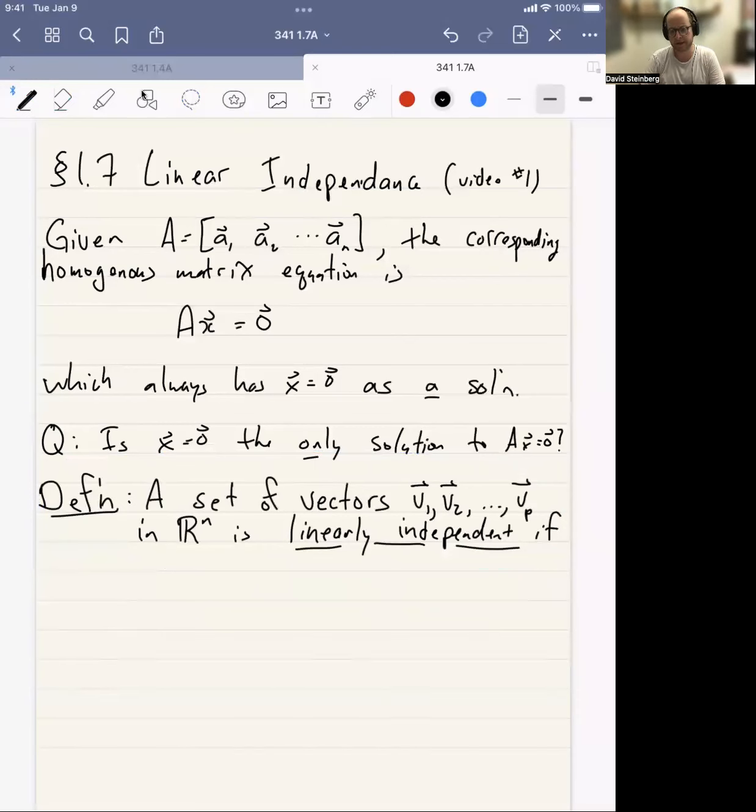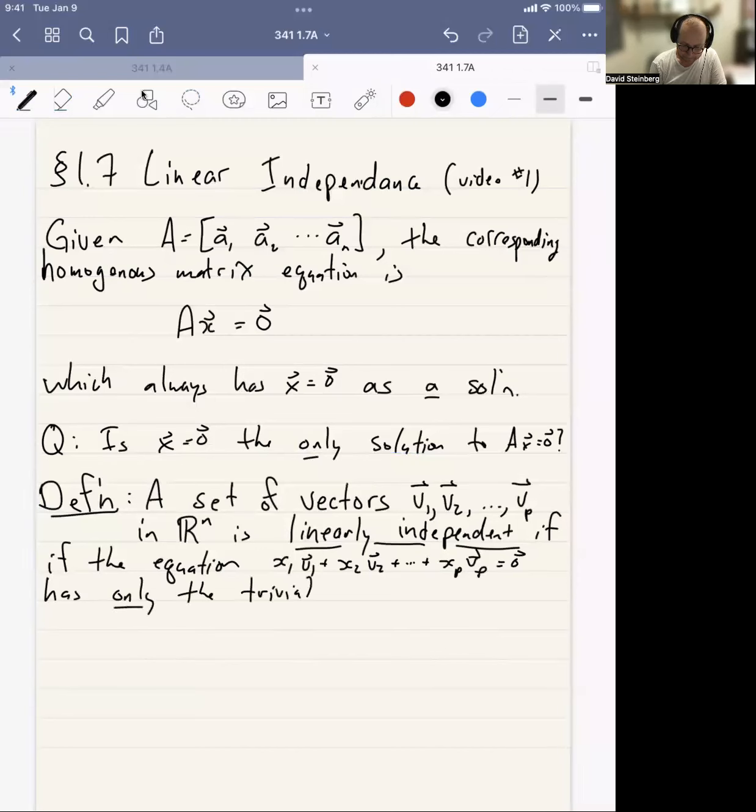A set of vectors v1, v2 up through vp in Rn is linearly independent if the vector equation x1 v1 plus x2 v2 all the way up to xp vp equals 0 has only the trivial solution, where each of these components x1, x2 up through xp is equal to 0.